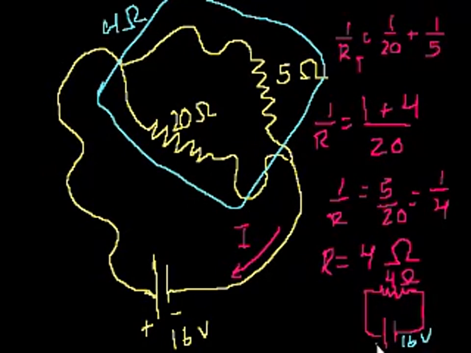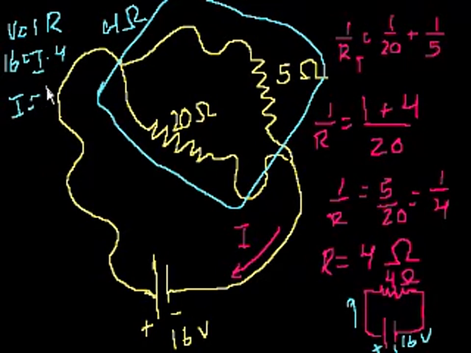Well, if we have a 16 volt potential difference, current is flowing that way, even though that's not what the electrons are doing. And that's what our resistance is, 4 ohms. What is the current? V equals IR, Ohm's law. The voltage is 16 volts. It equals the current times 4 ohms. So current is equal to 16 divided by 4, which is equal to 4 amps.